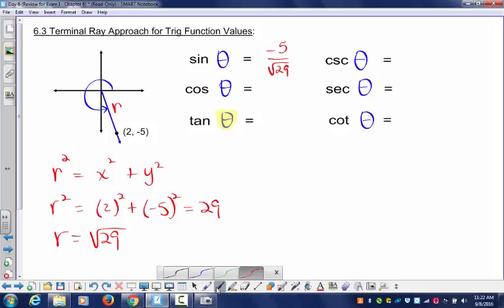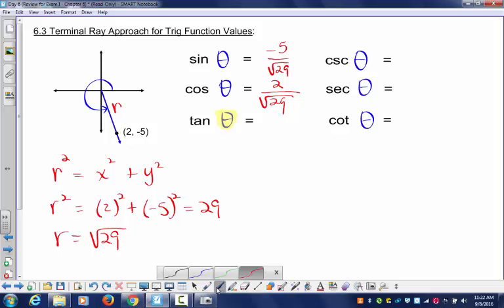How about cosine? 2 over root 29. And so just remember, the most common mistake here is for someone to say sine is -5 and cosine is 2. We know sine has to be between -1 and 1, and cosine has to be between -1 and 1. All right, so you've got to scale it by dividing by r.